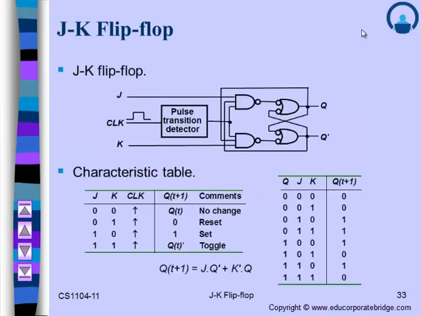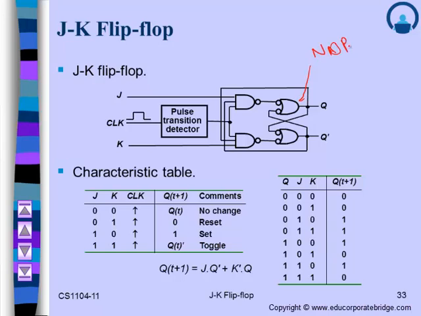So let's take on the truth table for the JK flip-flop. As we can see, when J is equal to 0 and K equal to 0, the output is no change. The above is a circuit diagram for the JK flip-flop, which has a pulse detection circuit to detect the rising or the falling edge of the flip-flops. This part is called a basic NAND latch.